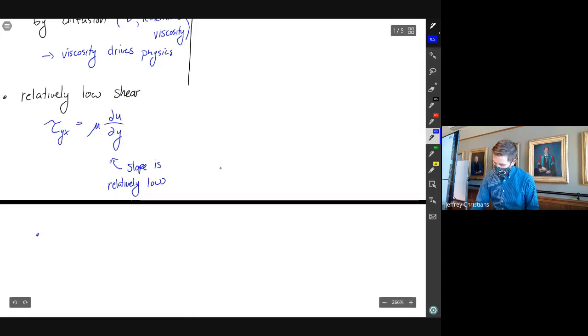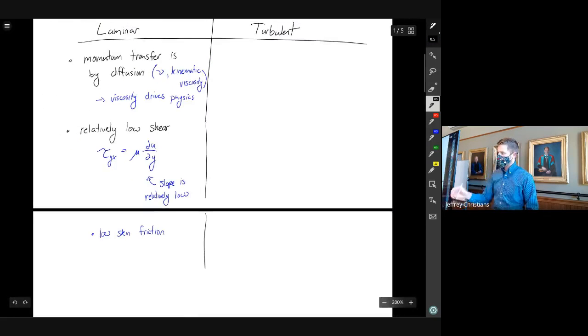So we have low skin friction, which should jive with your idea of friction for flow inside of a pipe. That's what we've mostly dealt with. Laminar flow is low friction, turbulent flow is high friction. We're going to see the same effects here. Laminar flow is generally lower friction at surfaces than turbulent flow is.